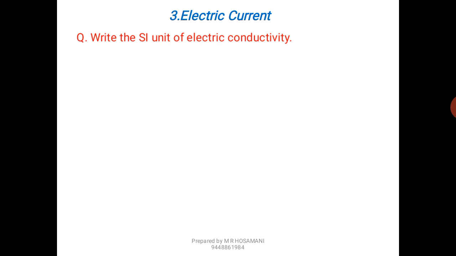Next question. Write the SI unit of electric conductivity. The SI unit of electric conductivity is Siemens per meter. So we can write S per m, or S m raised to minus 1.